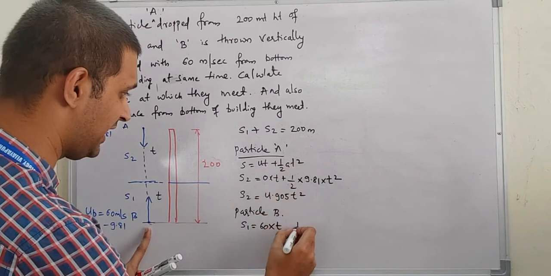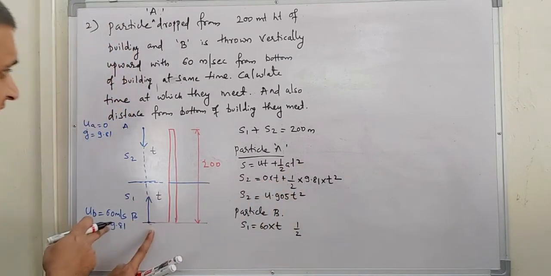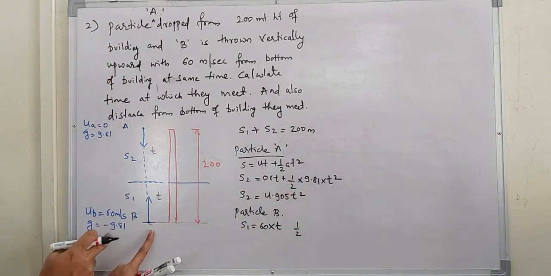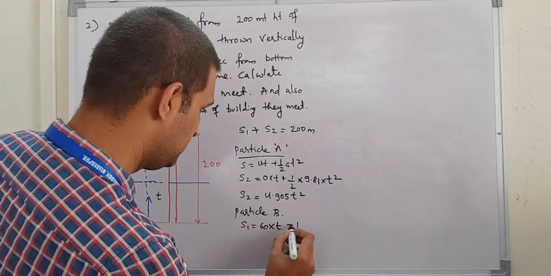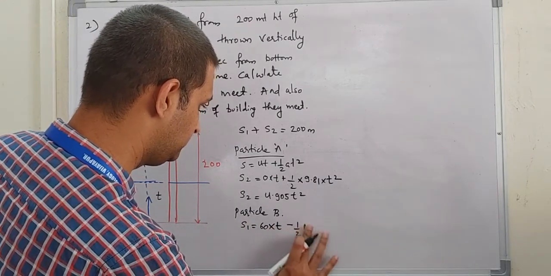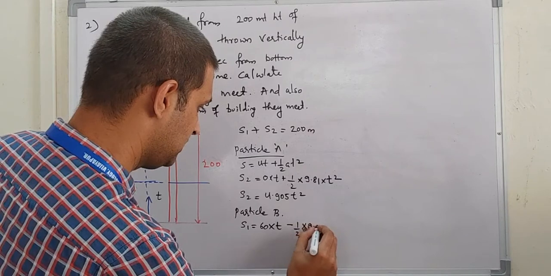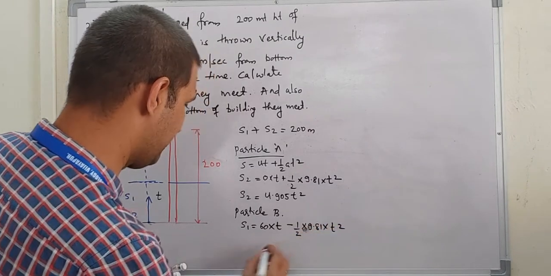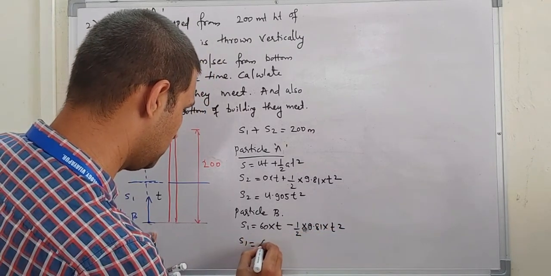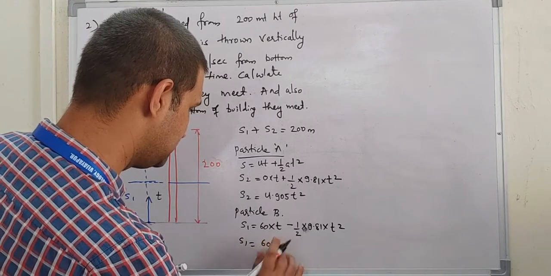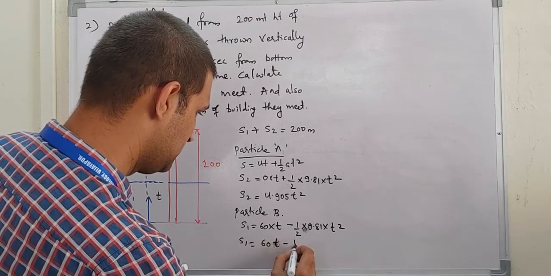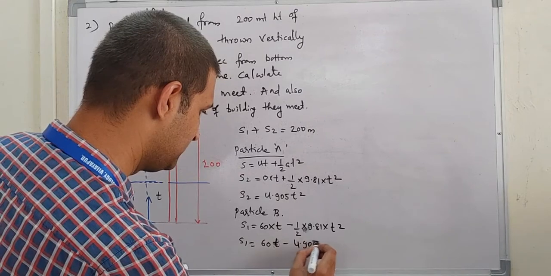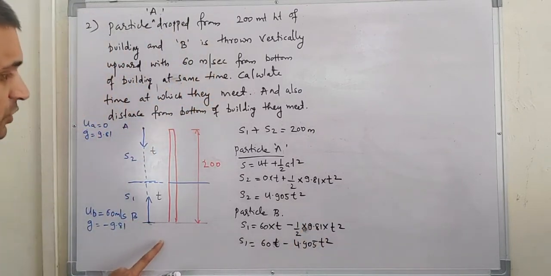Acceleration due to gravity has to be minus 9.81. Now this becomes minus 9.81 into t square. When you solve this, you will get S1 is equal to 60 t minus 4.905 t square.